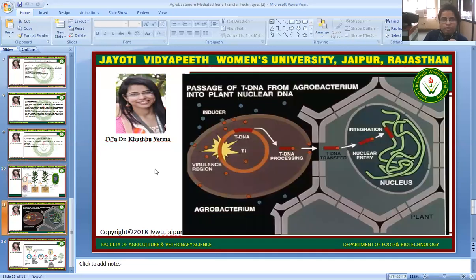The next flow diagram shows the passage of T-DNA from Agrobacterium into plant nuclear DNA. We can see here this is the Agrobacterium cell, this is the wound of the plant cell, and the T-DNA will transfer from the Agrobacterium to the plant cell and then integrate into the nucleus of the host plant cell.